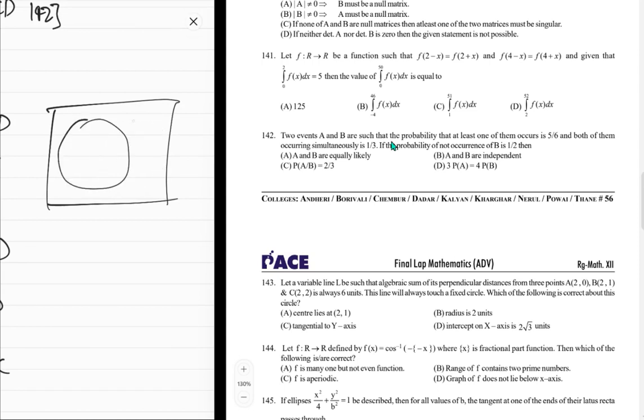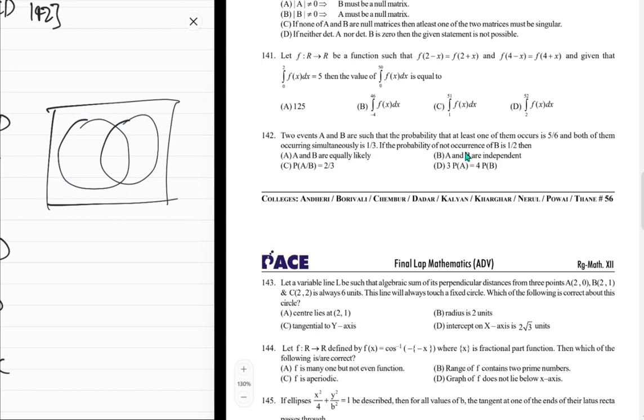Okay, A and B are two events such that the probability that at least one of them occurs, meaning their union occurs, is 5/6. So A union B, what is its probability? 5/6, and both of them occurring simultaneously, meaning A intersection B, that's 1/3. So this whole is 5/6, this whole is 1/3.